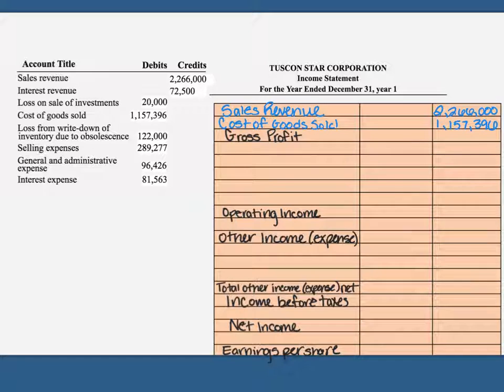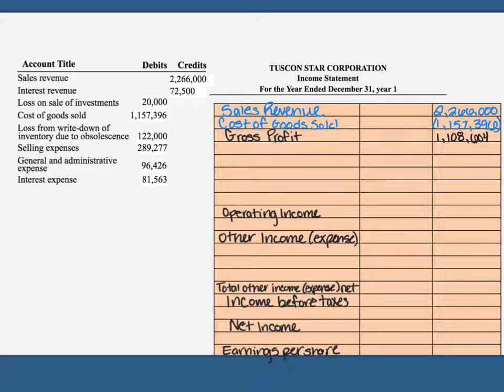If we take that difference, that will give us our gross profit of $1,108,604. What gross profit is basically telling us is how much we sold the product for versus how much it cost us to produce it.